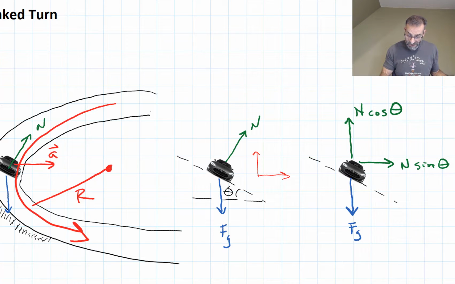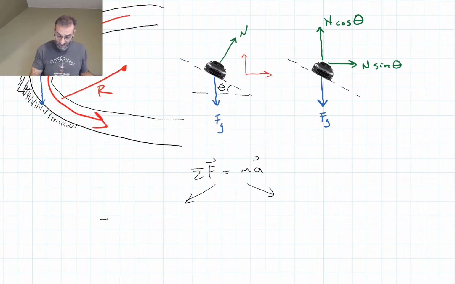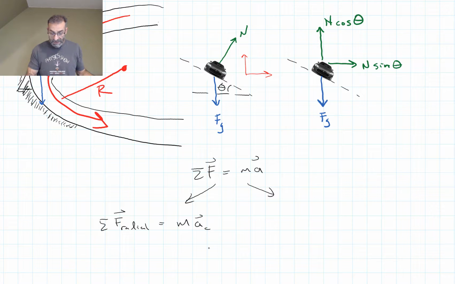So we can say the sum of the forces equals ma, and we can divide this up into our two directions, and we get the radial direction is equal to m a centripetal, and I always pick toward the center of my circular path as my positive direction in the direction of the acceleration.